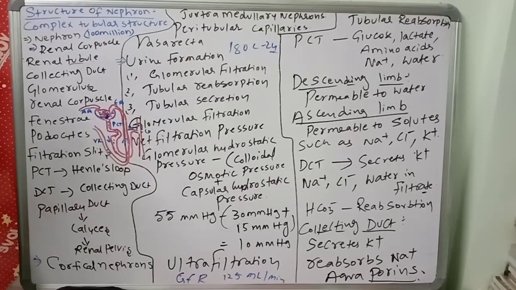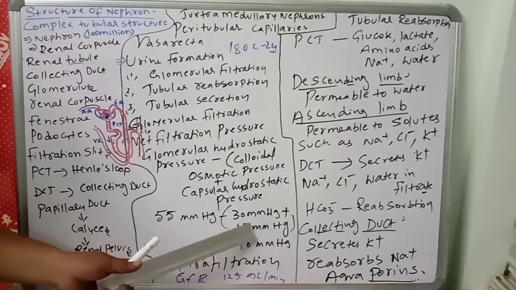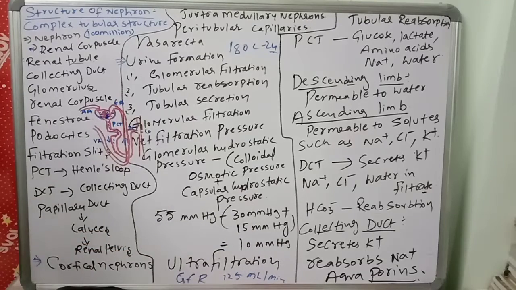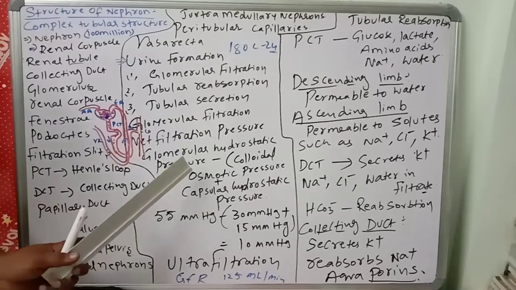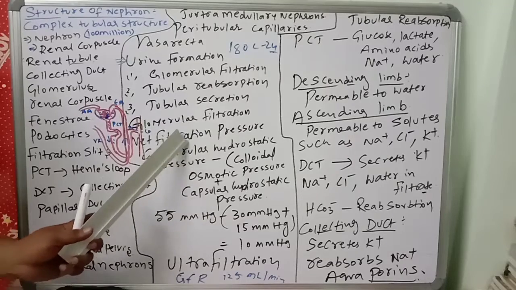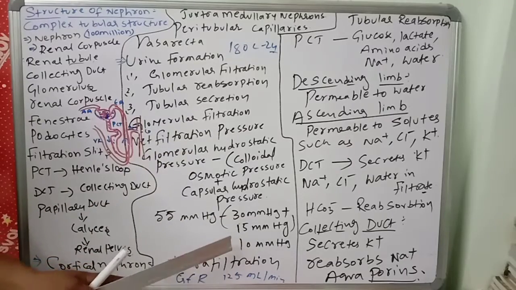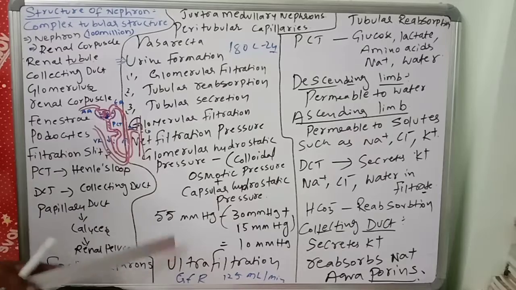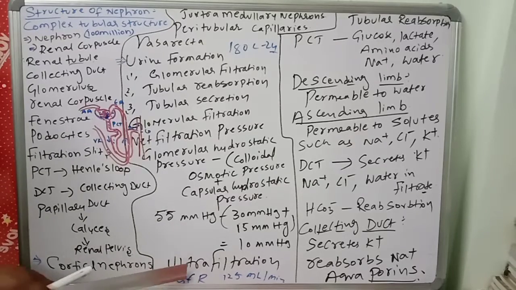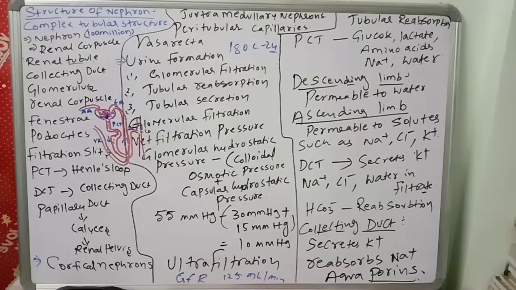So 55 mmHg minus 30 mmHg plus 15 mmHg gives a net filtration pressure of 10 mmHg. Because of this 10 mmHg, filtration goes on. That is called ultrafiltration. The glomerular filtration rate per minute is 125 milliliters per minute.